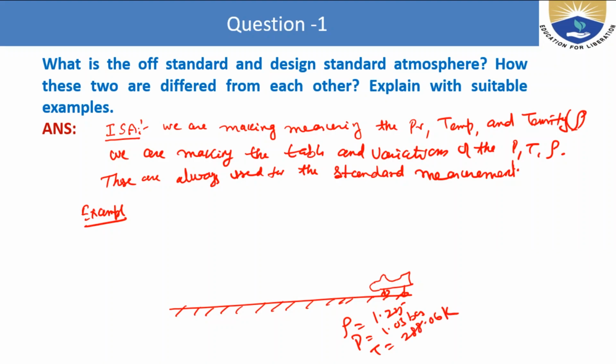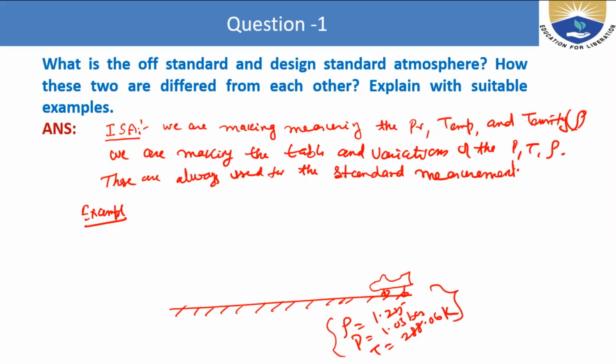But if it is somewhat away from the sea, like in Hyderabad, the distance is approximately 353 meters from mean sea level. So here all these parameters will not be the same.